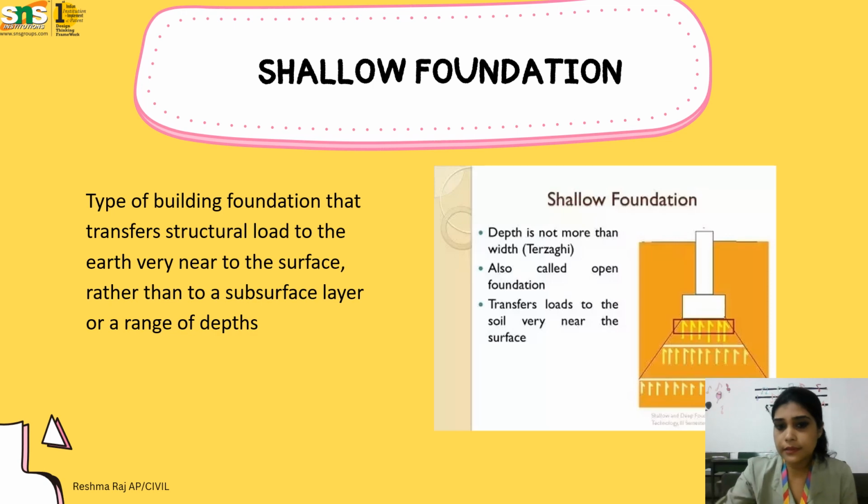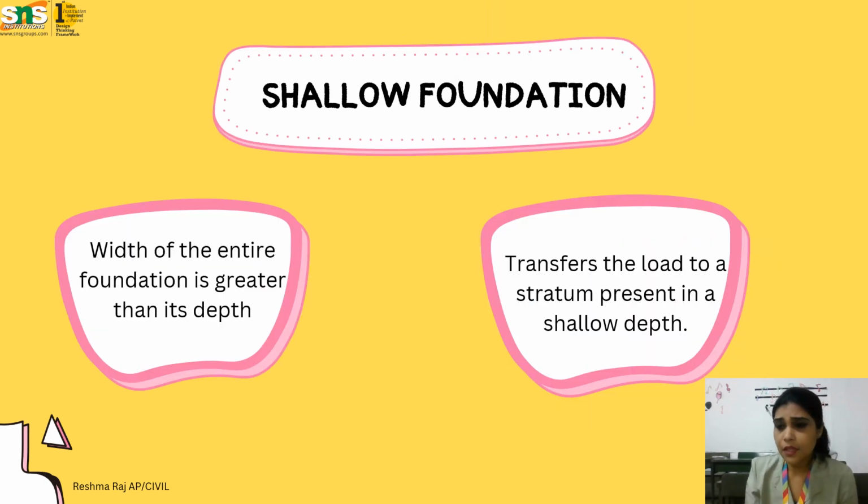Next is the soil condition. Shallow foundations are suitable for a wide range of soil conditions, including cohesive soil, a very good example of which is clay, and cohesionless soil, a very good example of which is sand or gravel.